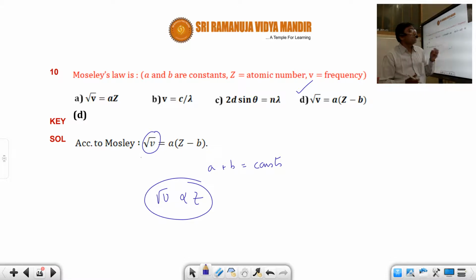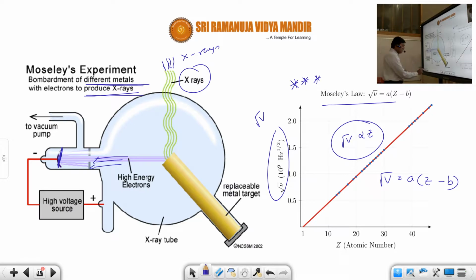That's the root cause why he arranged all the elements as per atomic number. The concept he chose for arranging elements is the atomic number concept, whereas Mendeleev chose atomic weight. He arrived at the concept of atomic number by performing this experiment. So this is what you have to understand. Now, this you completed.